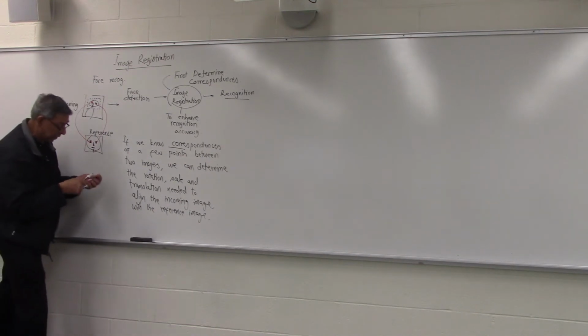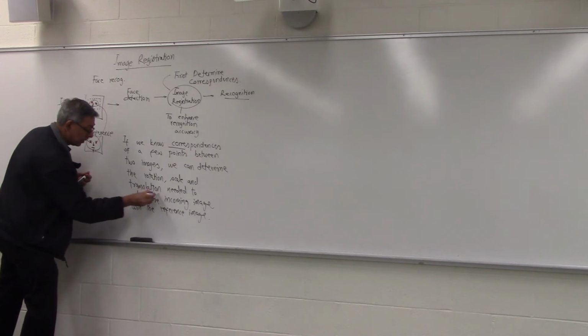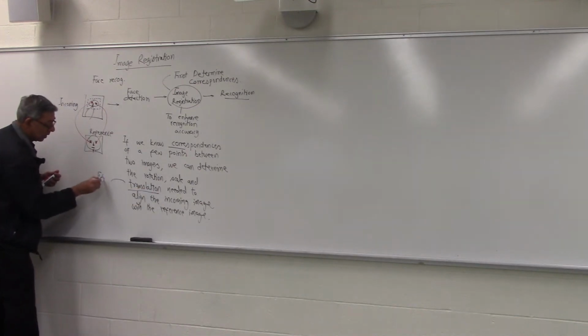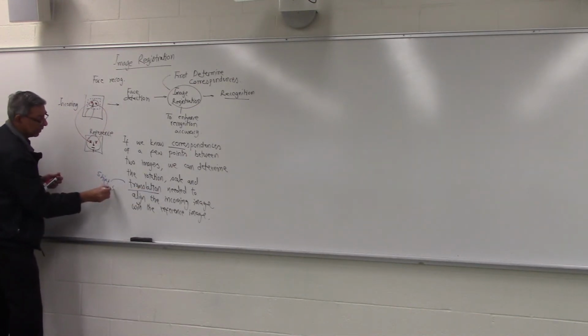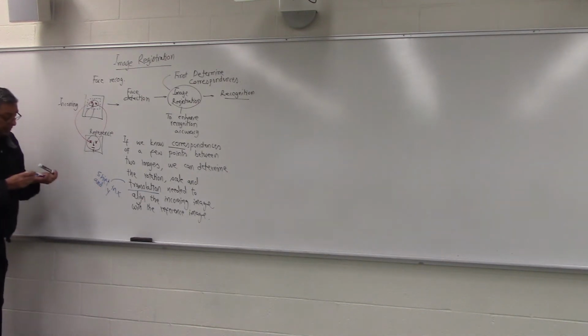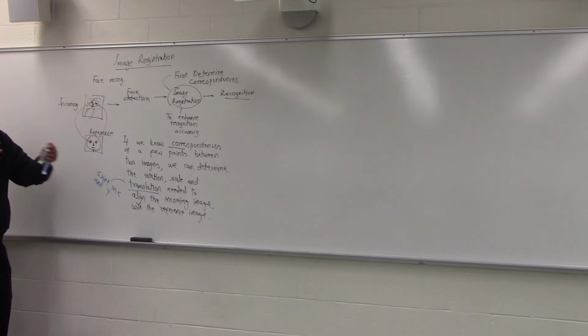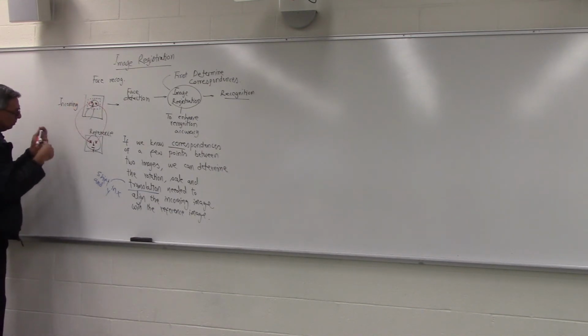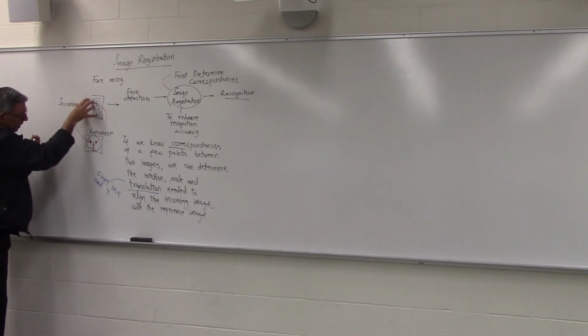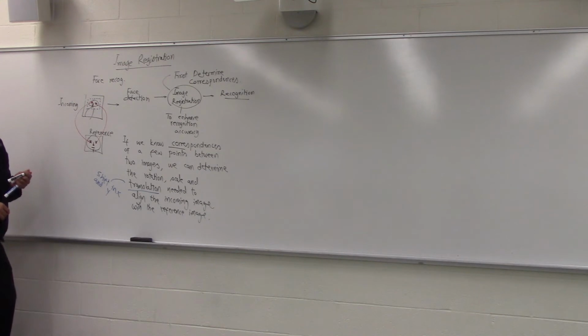Translation basically means shift, like shift in X and shift in Y. Scale basically means zoom in, zoom out. Rotation means rotated. In this particular case, this face is a little bit tilted to the right, so we can make it completely straight.